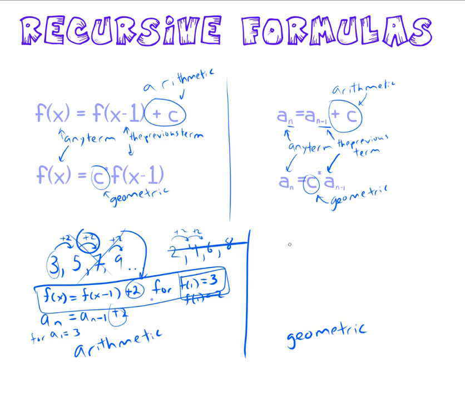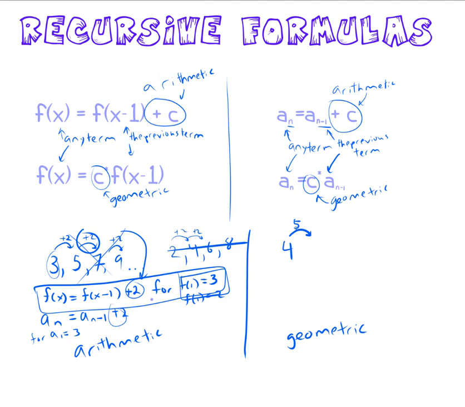So for instance, let's start with just a regular number. Let's start with 4. And I'm going to multiply it times 5. So 4 times 5.